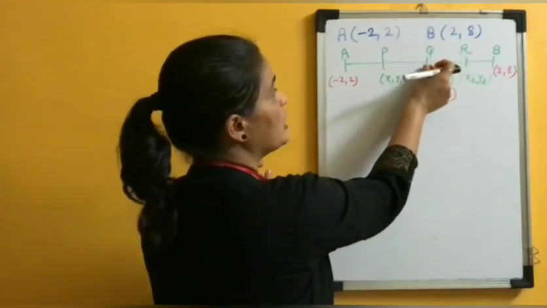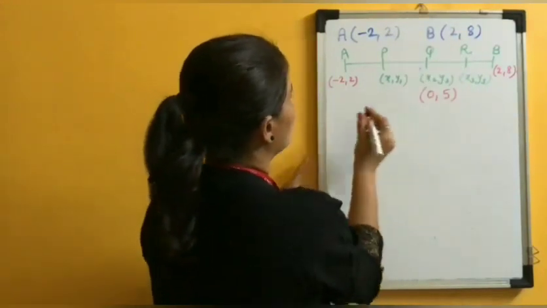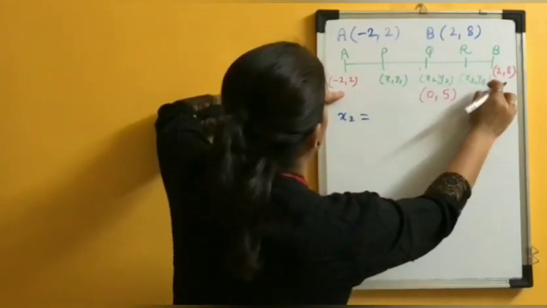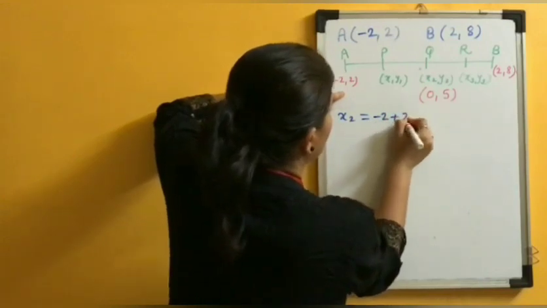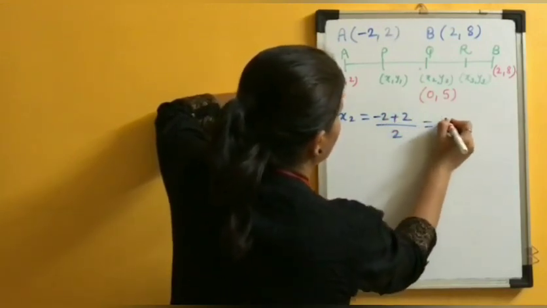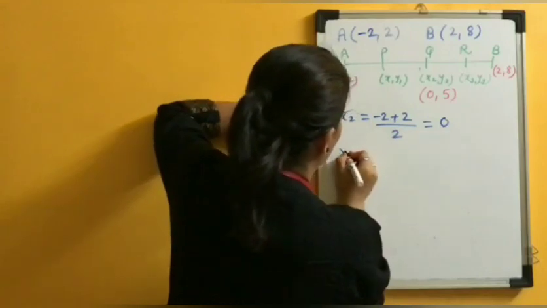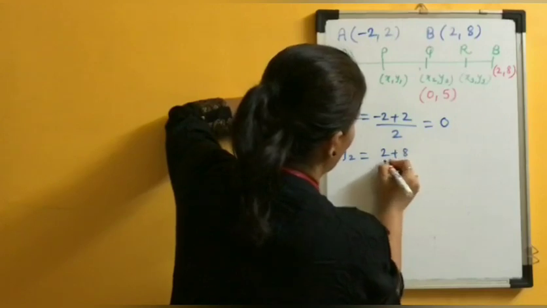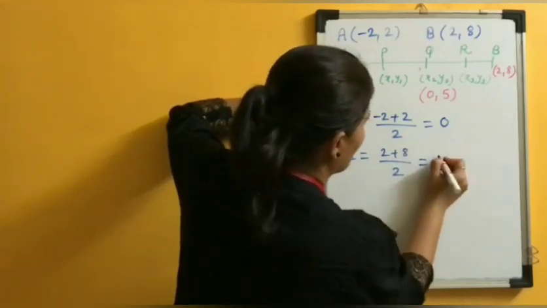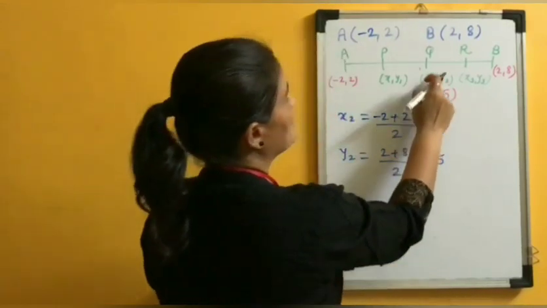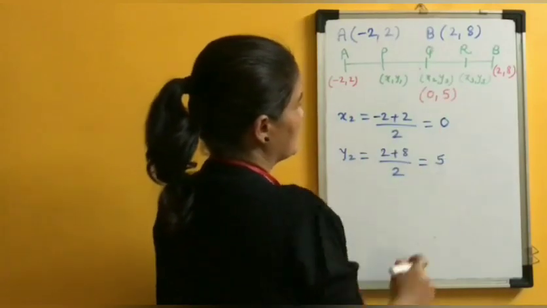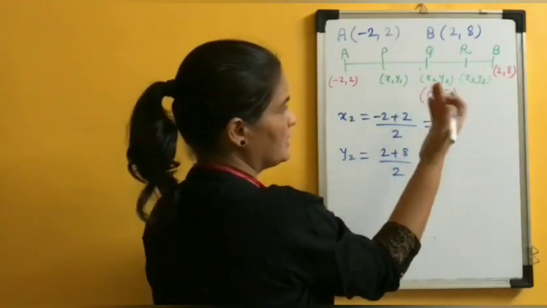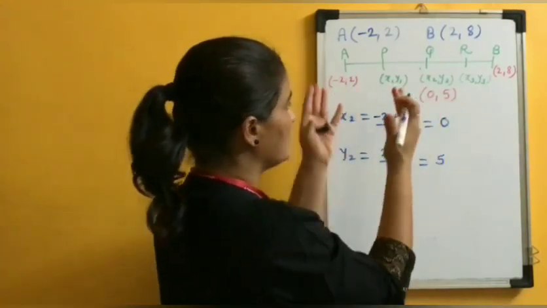So let us first find point Q. x2 is equal to (x1 plus x2) upon 2, that means (-2 plus 2) upon 2, that is 0, and y2 is (2 plus 8) upon 2, that is 10 upon 2, which is 5. So we have found point Q as (0, 5). I have written this with another pen so that it will be clear.